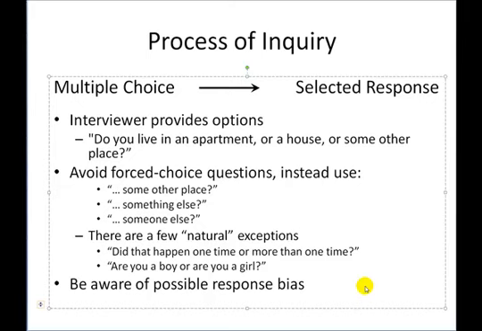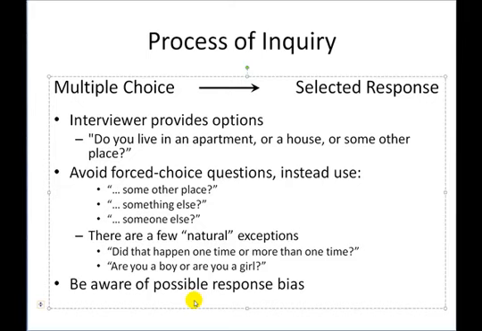For example, if the interviewer says, "Did you let him have sex with you, or did you try to get away?" Now, the way that question is constructed, it communicates to the child that the morally right thing to do was to try to get away, when that may not have been safe nor appropriate under the scenario.